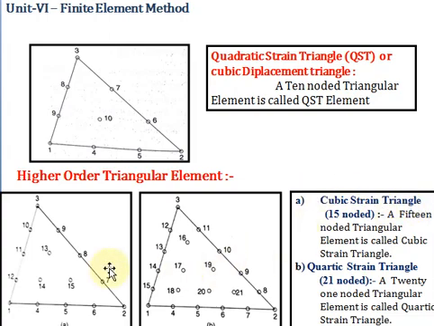In this there are 15 nodes. A 15-noded triangular element is called a cubic strain triangle. For the next one, the total number of nodes is equal to 21. If you see this figure, the total number of nodes is equal to 21. So these are higher order triangular elements having 21 nodes.